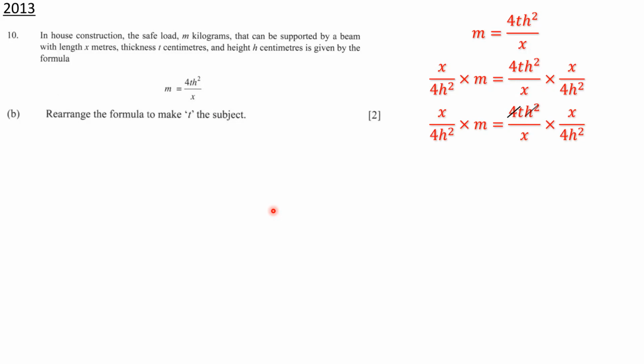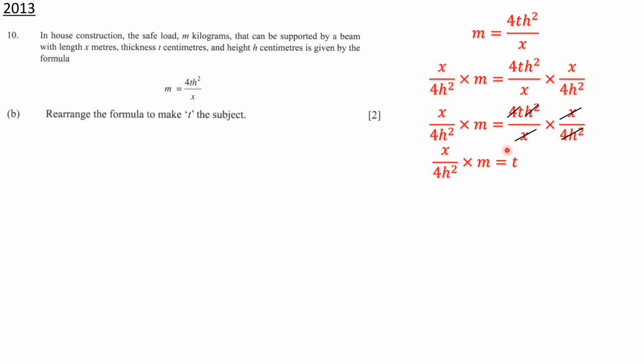So the 4 and the 4 will cancel out. And the h squared and the h squared is going to cancel out. Also, the x and the x is also going to cancel out. And so we are left with just t is equal to x over 4h squared times m. Notice that whatever I do to one side, I must do to the other side.